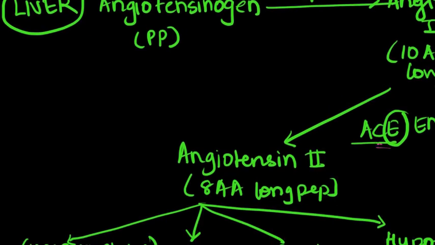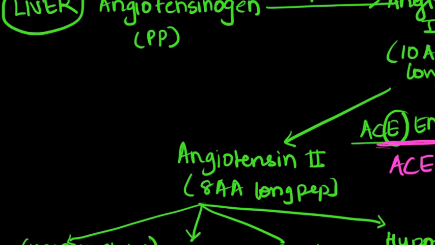Then you have ACE. Here we have ACE inhibitors, which are a pretty common drug used in various things. They could be used for diuresis, in congestive heart failure, in any hypervolemic states, and also for hypertension. ACE inhibitors act principally on the ACE enzyme, which prevents the conversion of angiotensin 1 into 2.